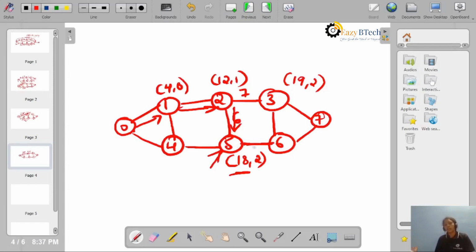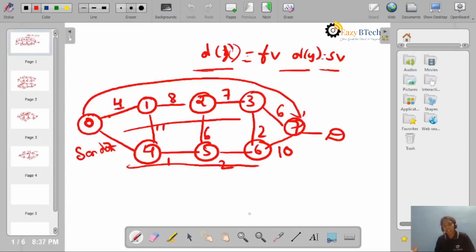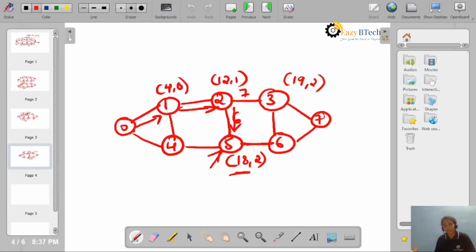So write down the minimum cost. What is the minimum cost from 5 to 6? See, 2. 2 is the minimum cost. So write that minimum cost. Add it to the previous one: 20 comma 5. Okay. So we have to set a path from 5 to 6.